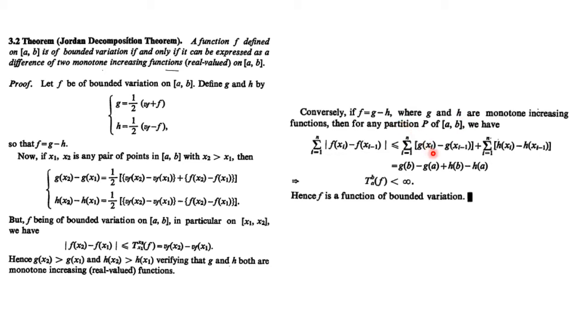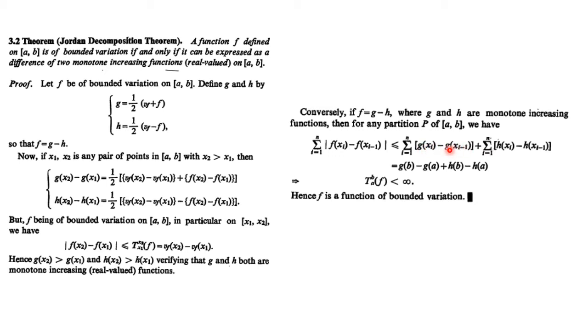Now further it is given that g and h are monotonic increasing functions. Since they are increasing, then clearly the value of g of xi will be greater than or equal to g of xi minus 1. So now you open this summation, substitute the value of i, you get g at x1 minus g at x0 plus g at x2 minus g at x1 plus g at x3 minus g at x2 and so on, g at xn minus g at xn minus 1.